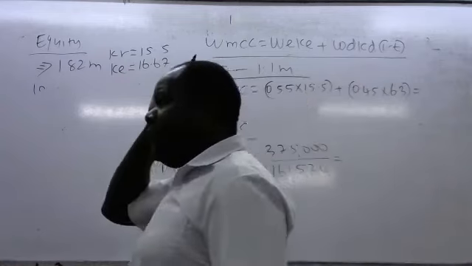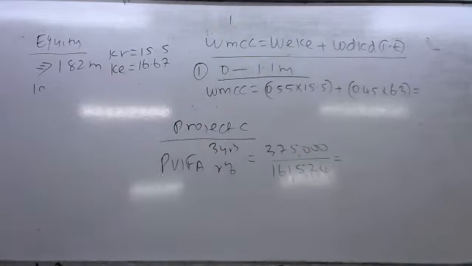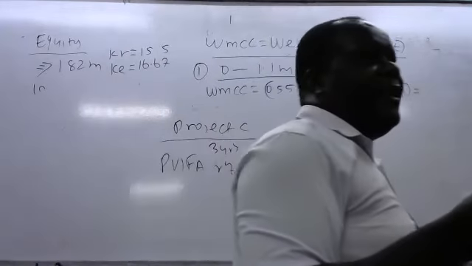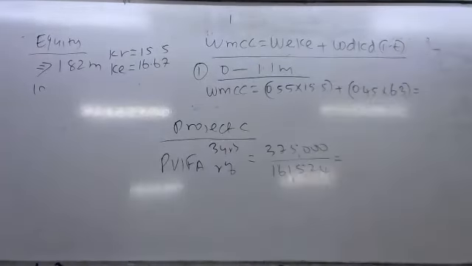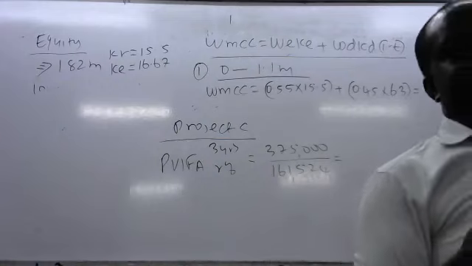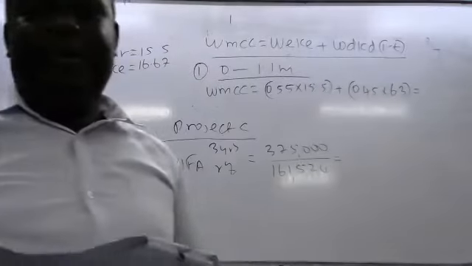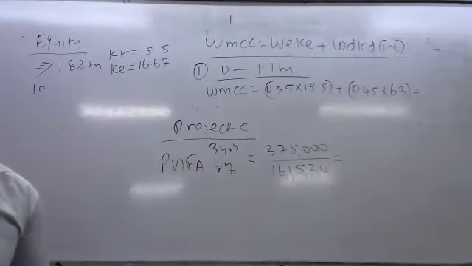Yeah, so your figure will be rounded off to 4 decimal places. So when you check up, it gives us what percent? Online, when you check up there, project C should give you what percent?